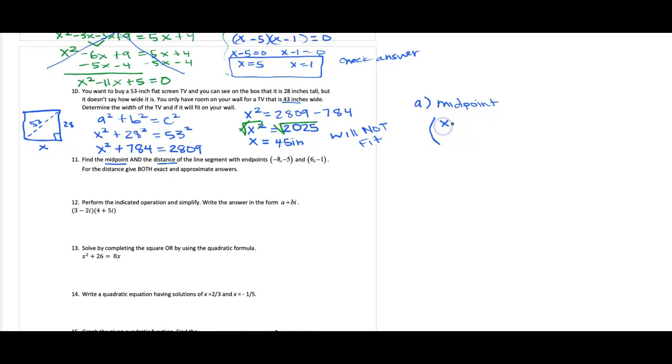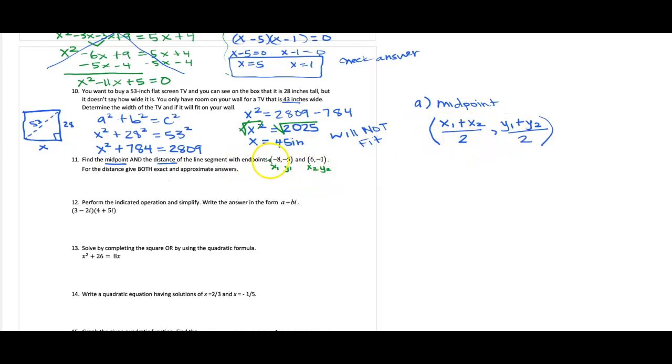We're going to take our x values, x1 plus x2, and divide it by 2, right, to get the average of our x values. And then you'll do the same thing with the y's. Take the y1 plus the y2 and divide by 2. You might want to label over here what you see as what. So if this is x1, y1, x2, y2, because each ordered pair is made up of an x and a y.